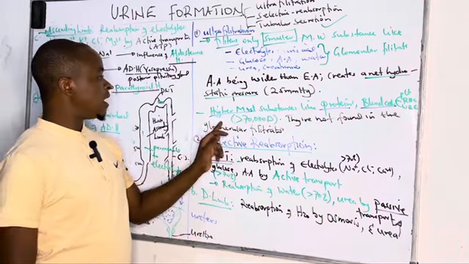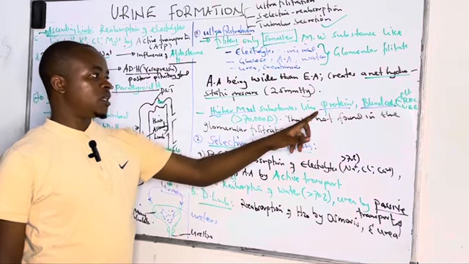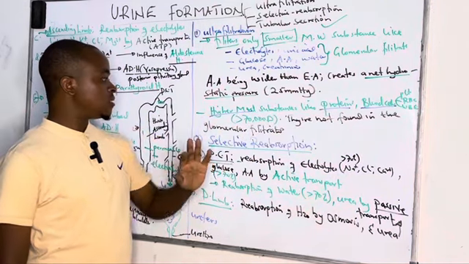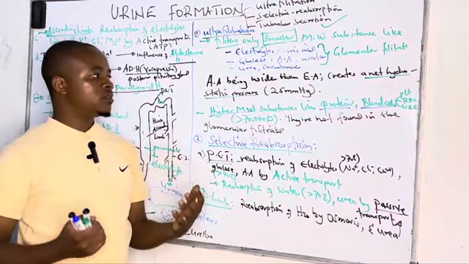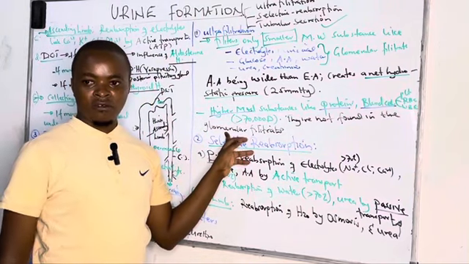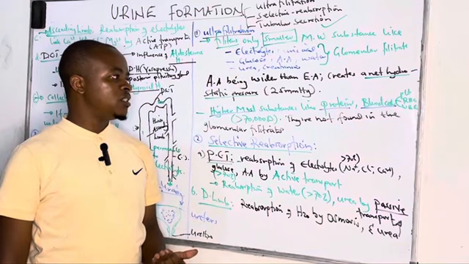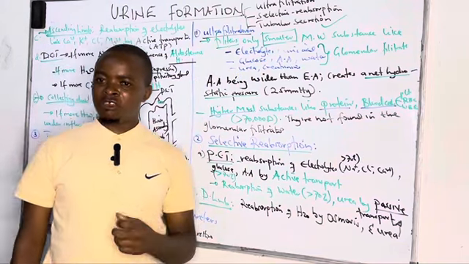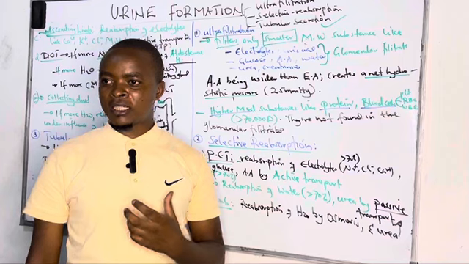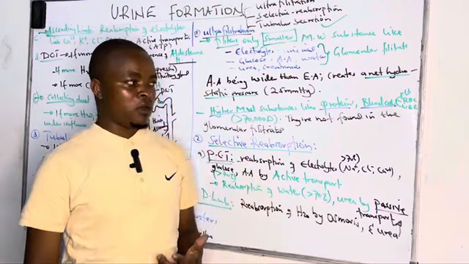Large molecular weight substances like proteins and blood cells do not pass through, so they are not found in the glomerular filtrate. That's why whenever I find blood cells or proteins in urine, I worry about what is happening at the glomerulus.